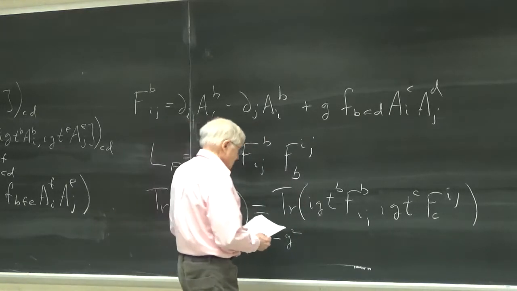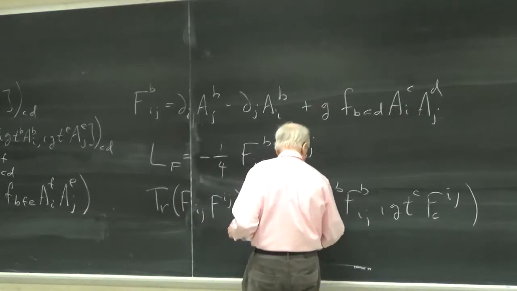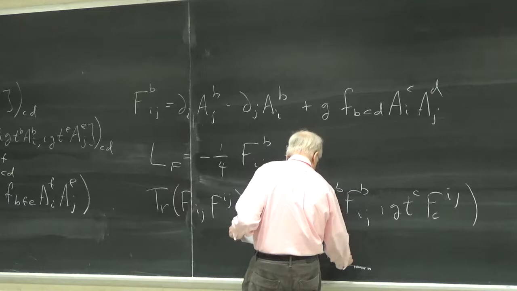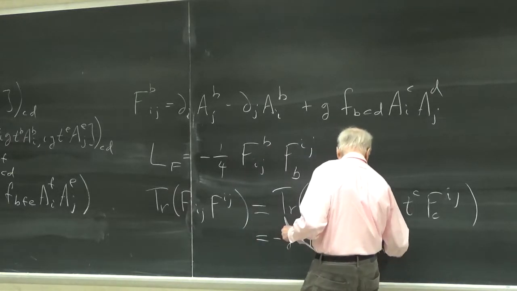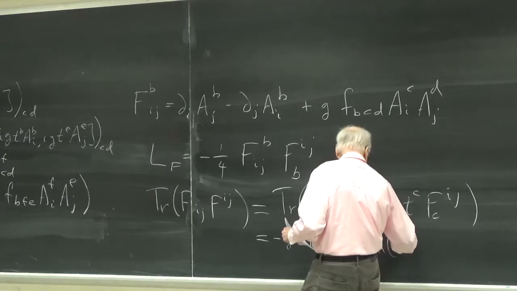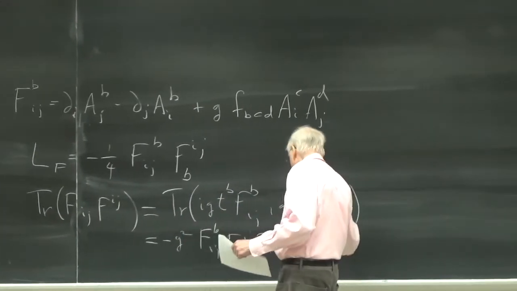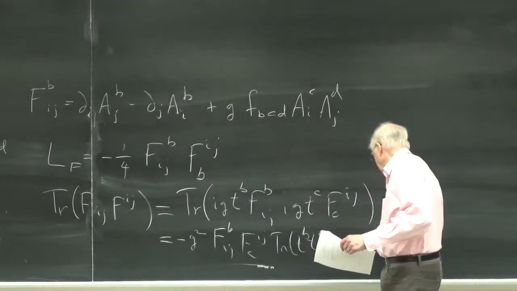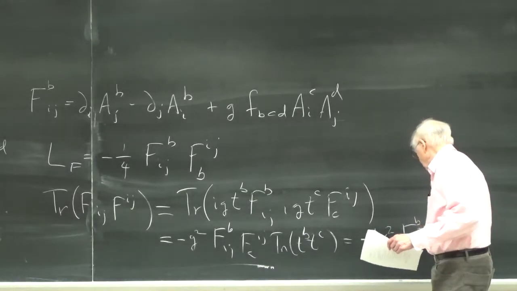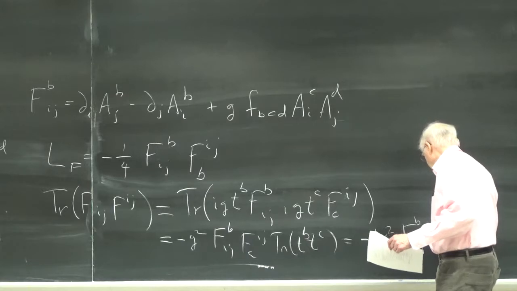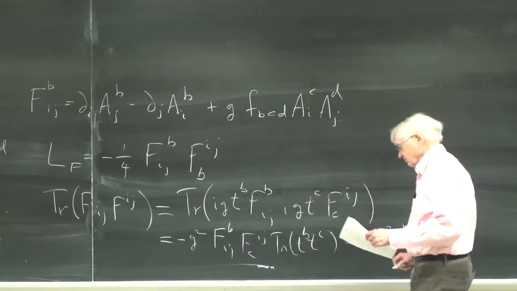So you get minus G squared F^B_ij F^C_ij, and then the trace of T^B T^C. And this is the minus k G squared F^B_ij F^B_ij.